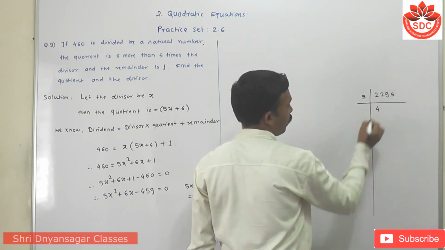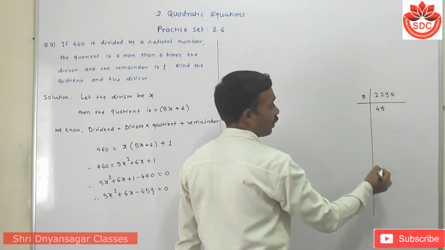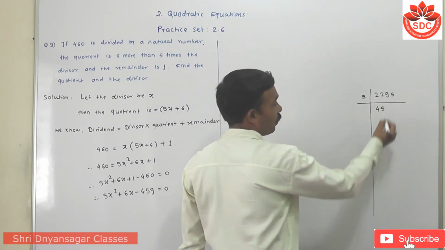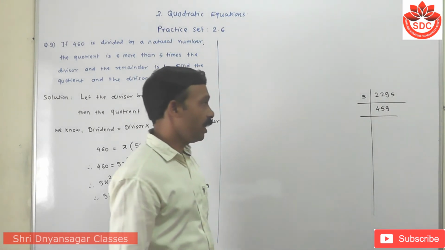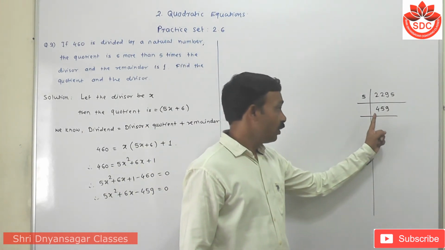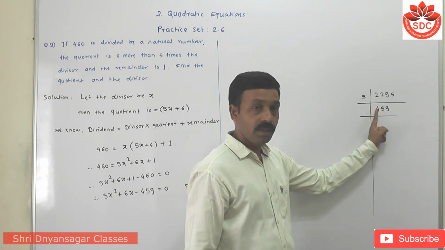5 4s are 20, carry is 2. 29, 5 5s are 25, carry is 4. 5 9s are 45. Student, we cannot divide it again by 5. Now use the divisibility test: 9 plus 5 becomes 14, plus 4 is 18.